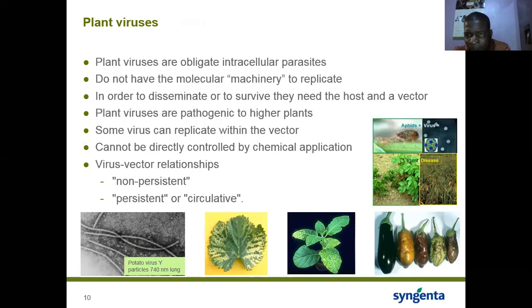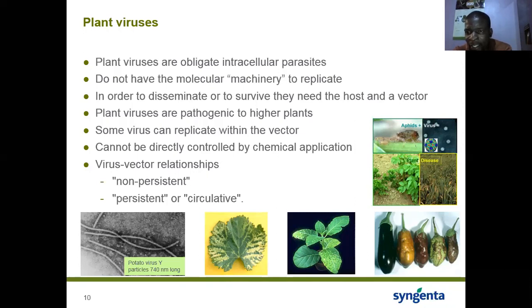So I believe by the end of this lesson, you'll be able to identify which one is a bacterial infection, which one is a viral infection, and which one is a fungal infection. And you'll be able to know what kind of solution you can use to prevent or to control the problem that you have in the field.